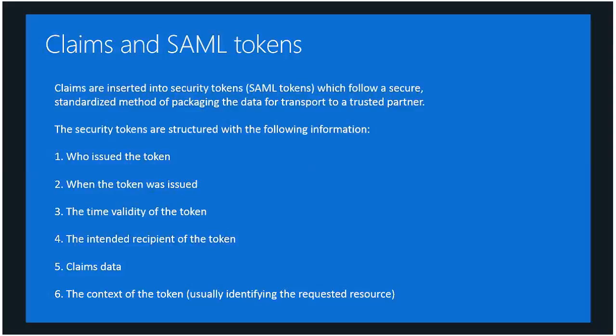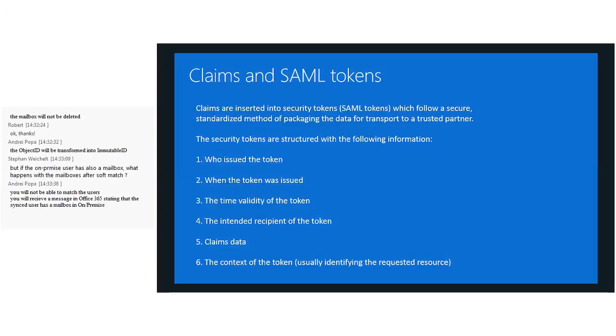What we can see in these tokens is who issued the token, so which was the originating server, which is very important. Then when the token was issued, which is also very important, and in conjunction with the third thing, which is the validity time of the token.